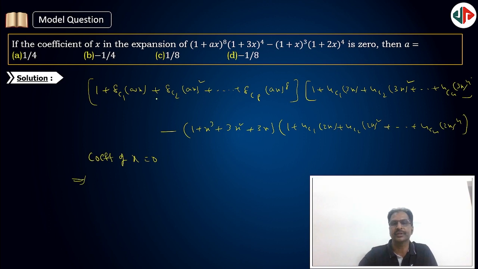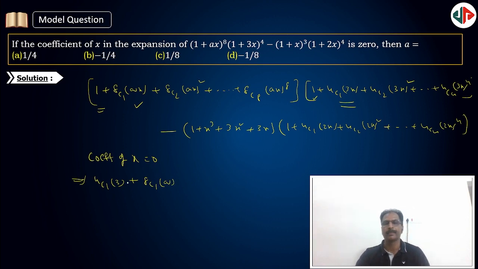Where do you get the coefficient of x? When 1 is multiplied with this, you get the coefficient of x, which is 4C1 into 3. When 8C1 ax is multiplied with 1, then only you get the coefficient of x, which is 8C1 into a. In that first product, you get only these two. Minus, in this product, where do you get the coefficient of x?